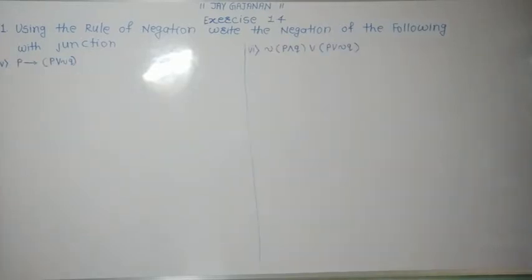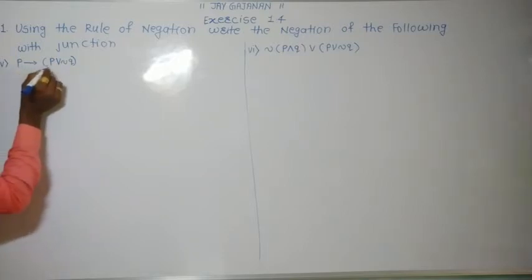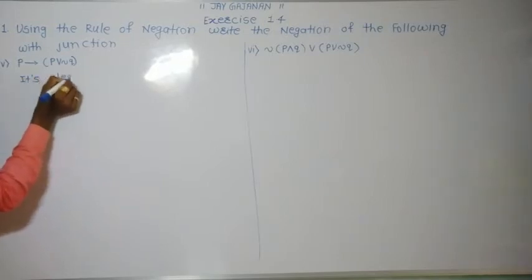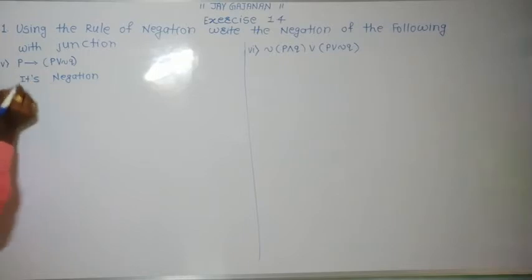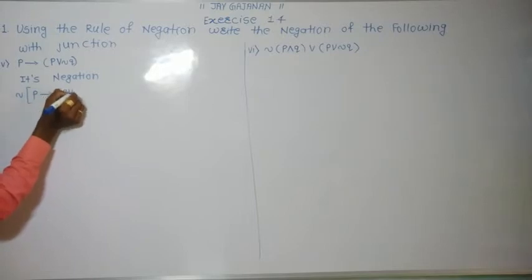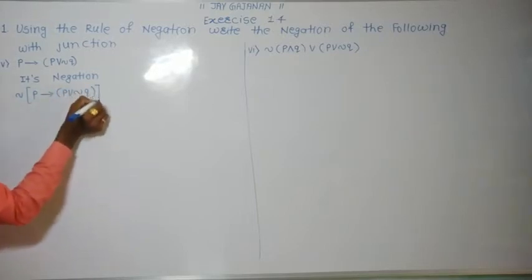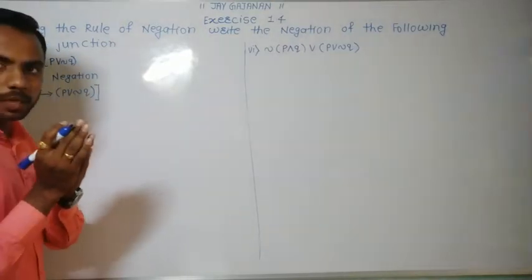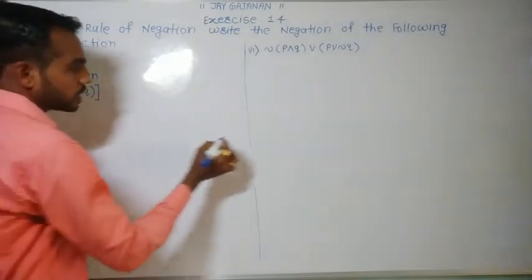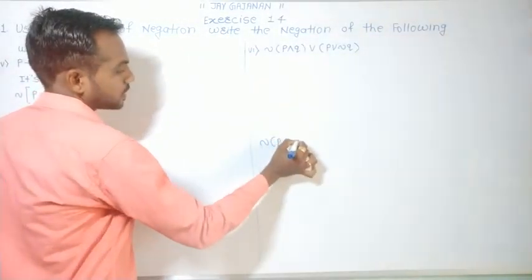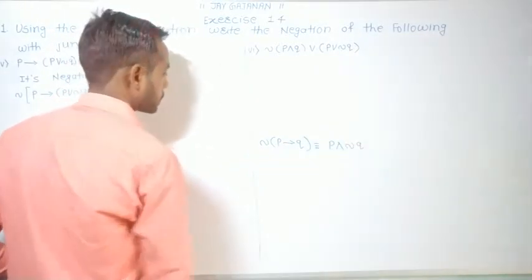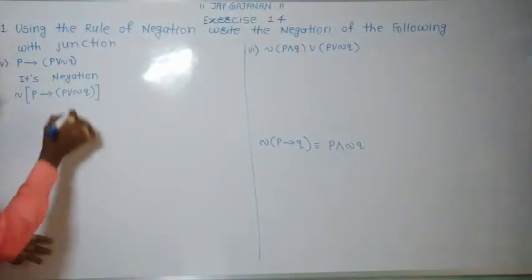Now the example number 5 is P implies P or negation Q. To find its negation, negation of P implies P or negation Q. Now simple, applying the negation of implication. We know that negation of P implies Q is equal to P and negation Q. Here P means P and Q means the bracket.